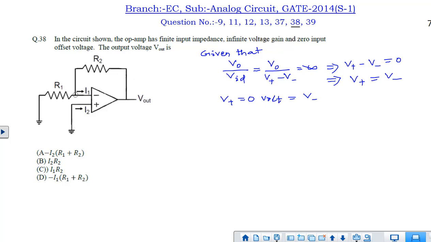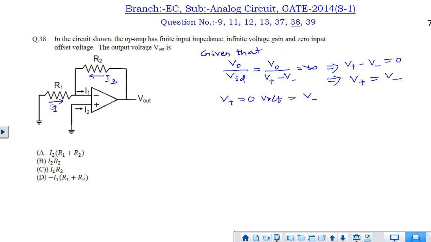So the potential at this point, that is V minus, will also be at 0 potential. As this is grounded and there is 0 potential, no current will be flowing through this R1 resistor. So the same current I1 will be flowing through this R2 resistor, as there is no current division happening through this R1 resistor.